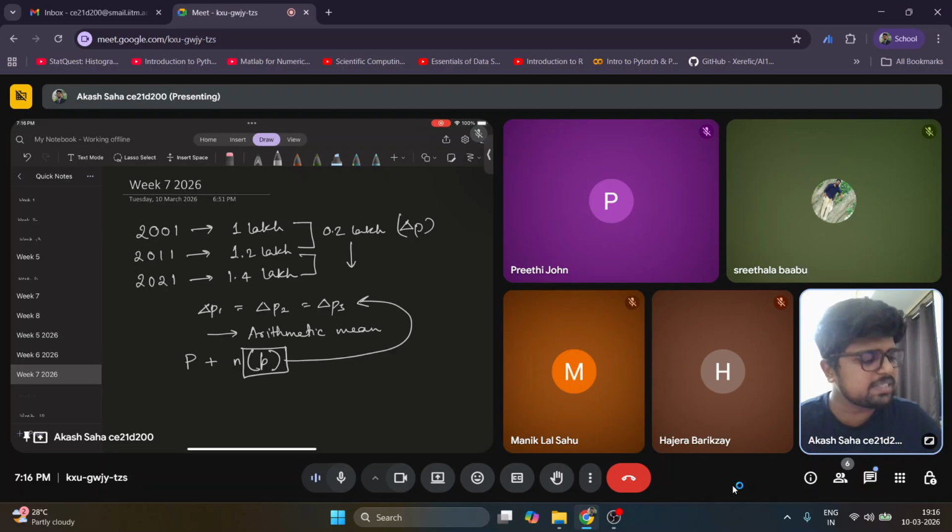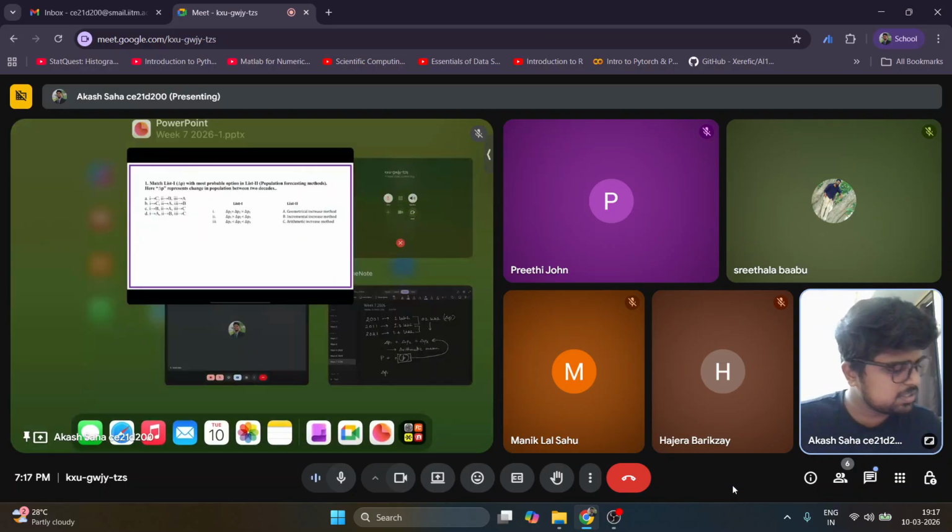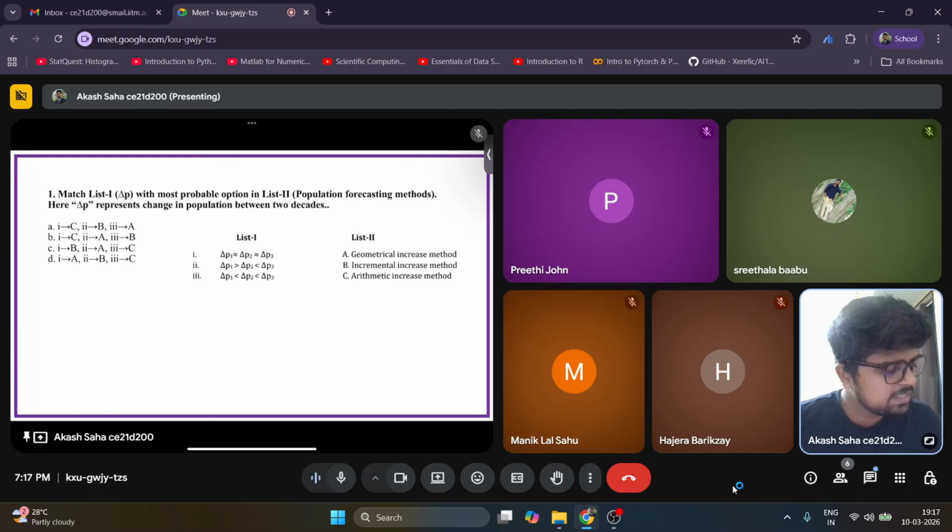Whereas if this increase is higher every other decade, like in case 3, delta p1 is less than delta p2, which is less than delta p3, that means in the recent years the increase has been higher.